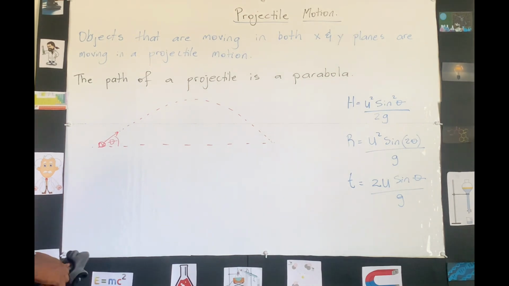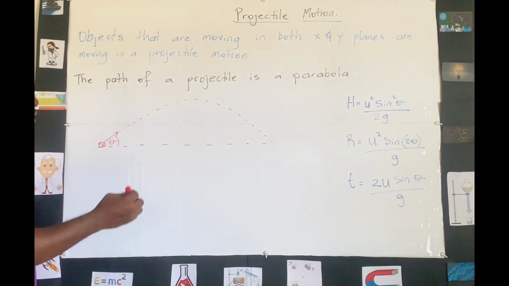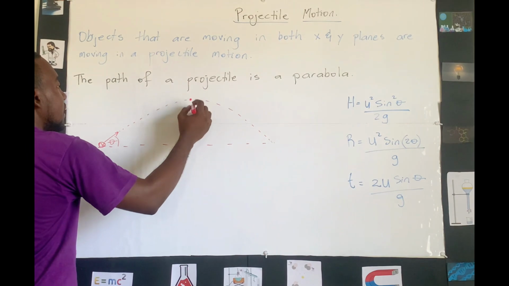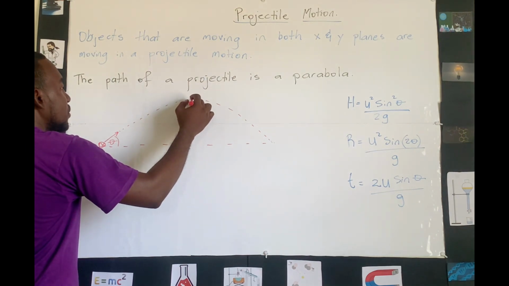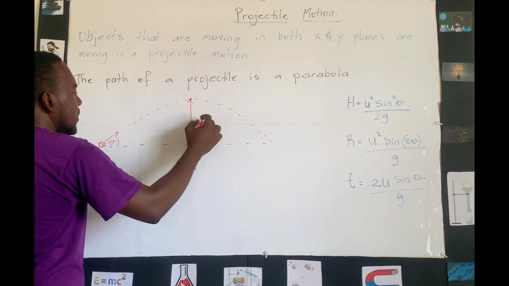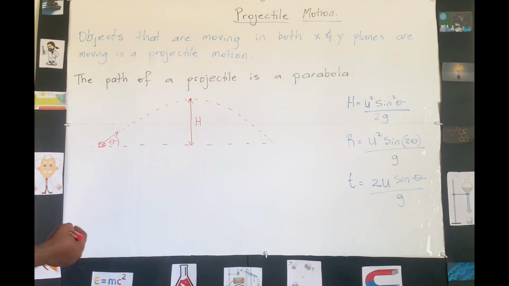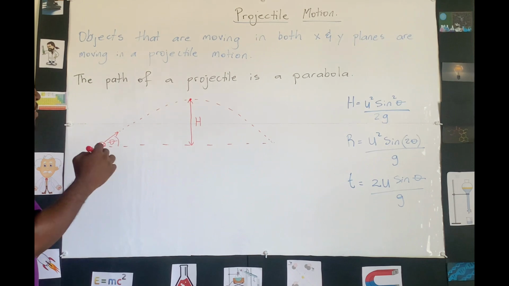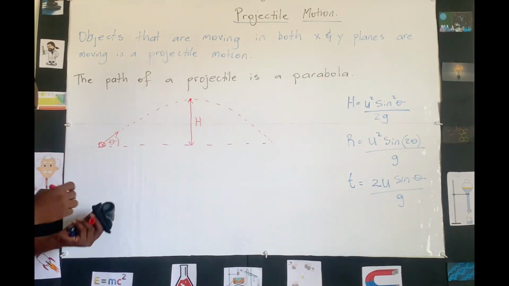Now, under a full projectile motion, there are things that we need to know. Here, where the maximum it goes, that is called the maximum height, which we can denote as h. At this maximum height, we need to know things.